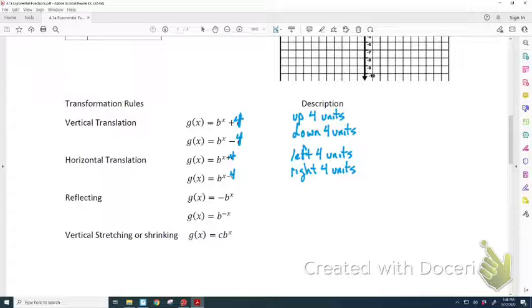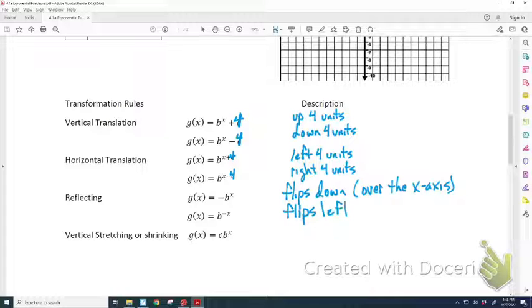If I throw a negative on the front, that flips it over the x-axis, so I like to write flips down, or you can be more specific, over the x-axis. If the negative is in the exponent, it flips over the y-axis, or I just say flips left over the y.